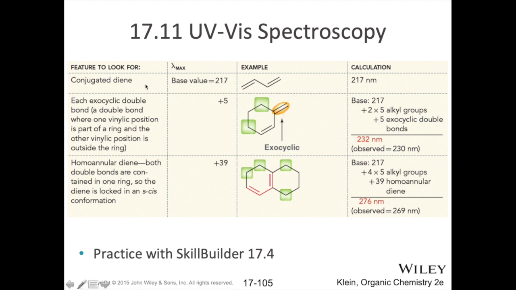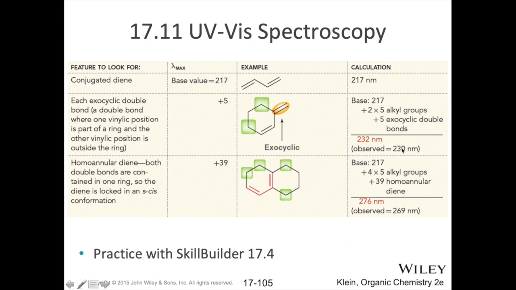That would add 5 nanometers to your lambda max. Now of course, as part of this ring, don't forget you have 2 carbons coming off of your conjugated pi system, so you do have to take into account those 2 alkyl groups. So we add 5 nanometers for each of them. Again, in this example we'd expect an extra 15 nanometers, which is relatively close to what we'd observe.